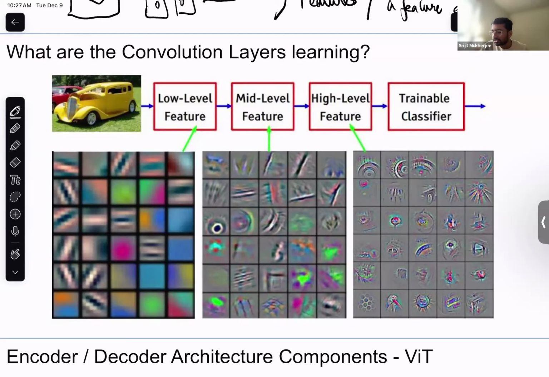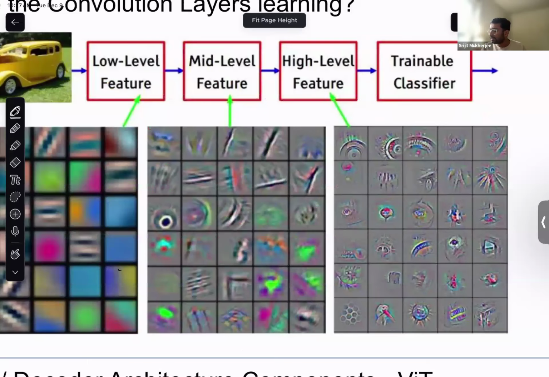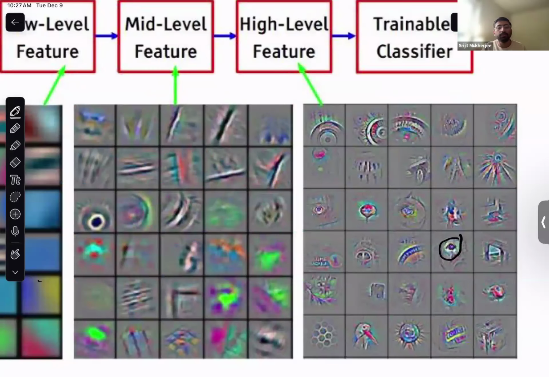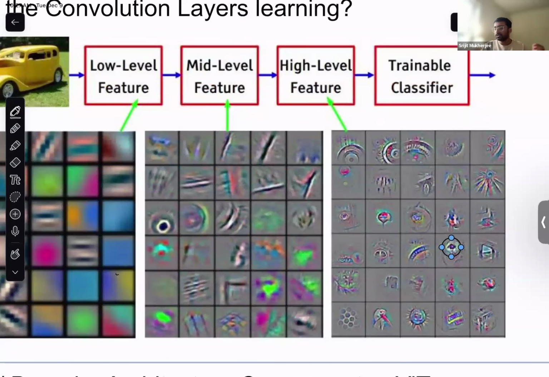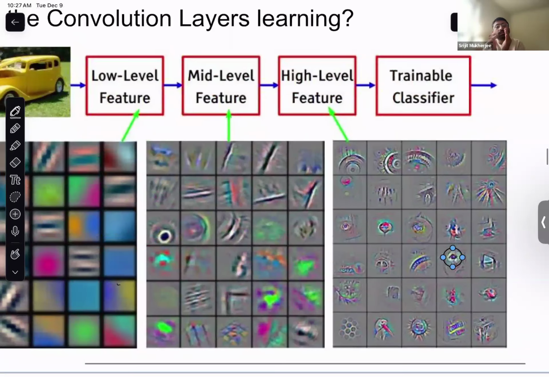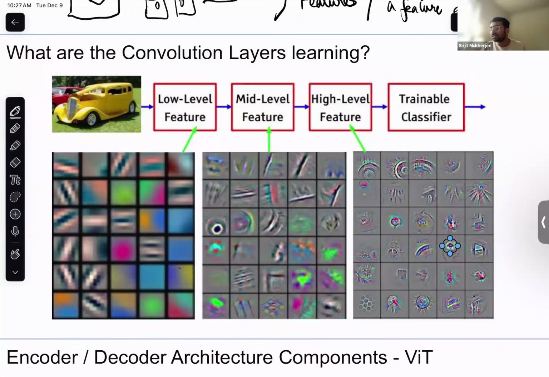For example, this yellow detector will probably look at this yellow region. The green detector will look at the grass and say, okay, there is green out there. So not always is it interpretable. But again, as you can see, for example, this eye feature came up here in the higher level features. So you can see that it goes from simple features to mid-level features to high-level features.